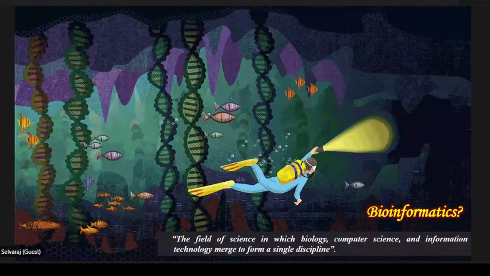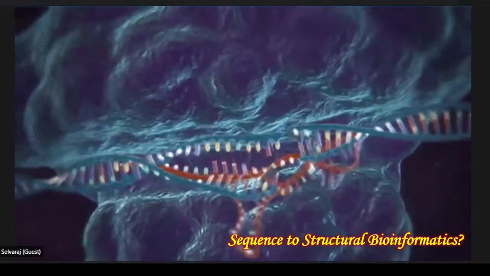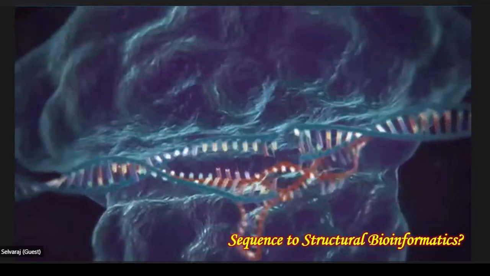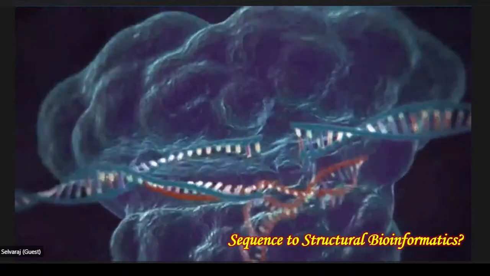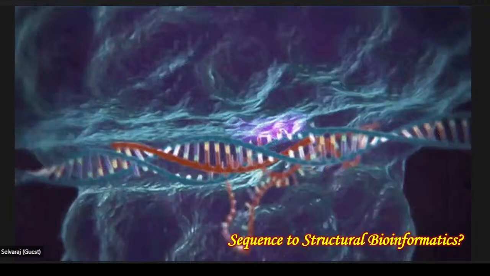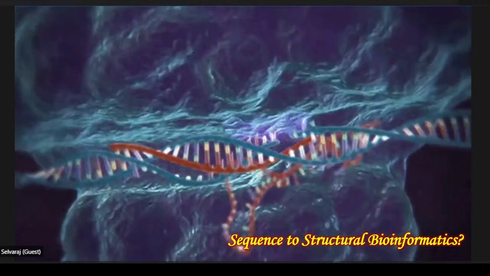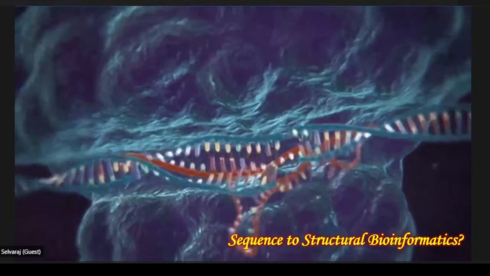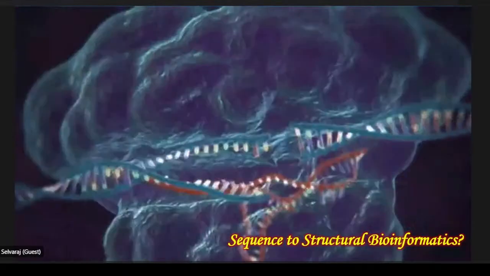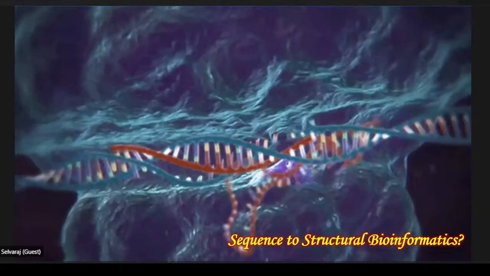What are the algorithms, what are the softwares, everything dealing with computer science and information technology to gather the data, to store the data. If only the gene sequence, from there how can we implement the sequence to structural bioinformatics? From the DNA they will isolate the sequence and deposit it in GenBank or any other database. From there we can collect it, and that is what bioinformatics will do.